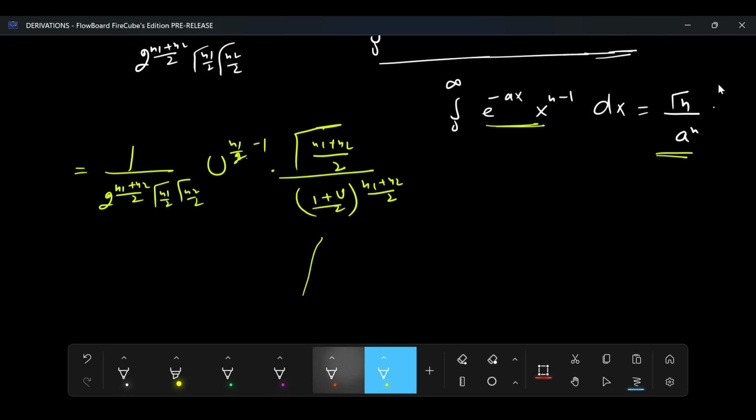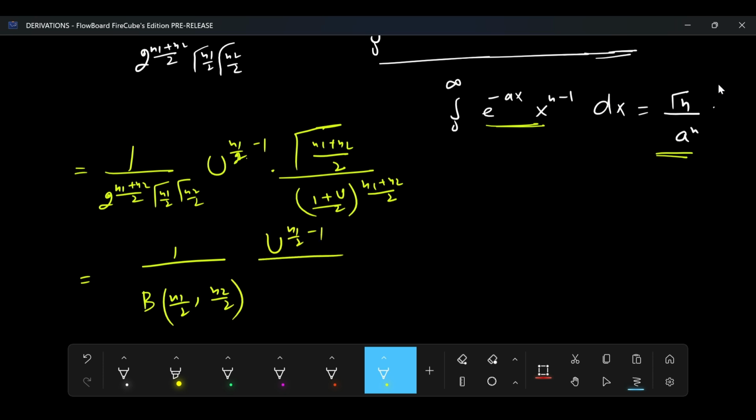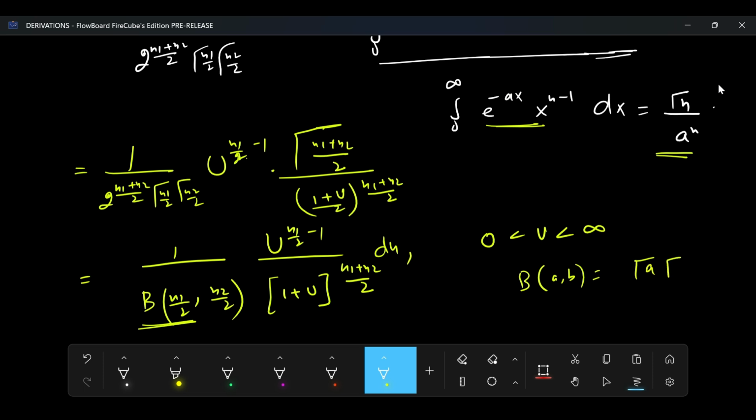So now if I write it in the beta function, that will be equal to 1 upon beta (n1 divided by 2, n2 divided by 2), u to the power n1 divided by 2 minus 1, upon (1 plus u) to the power (n1 plus n2) divided by 2, du, and this is between these limits. See, if I expand beta a comma b, that will be equal to gamma a gamma b upon gamma (a plus b).